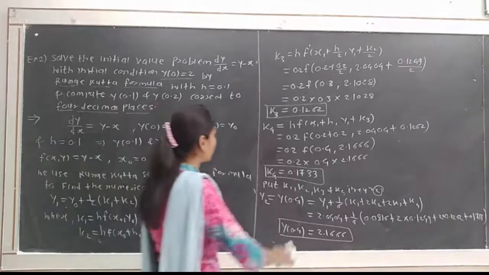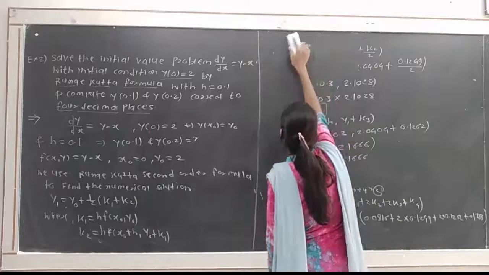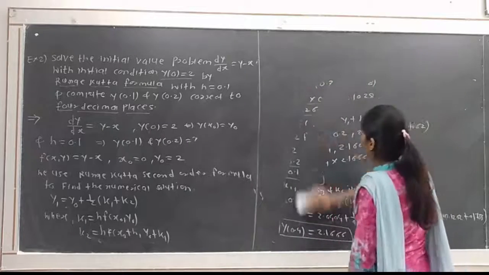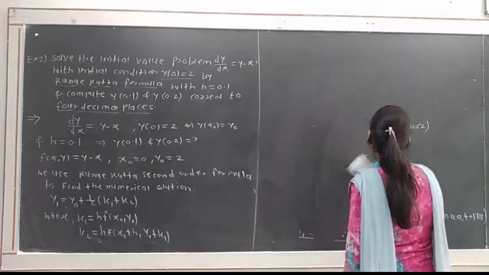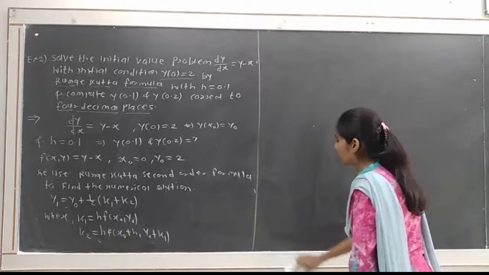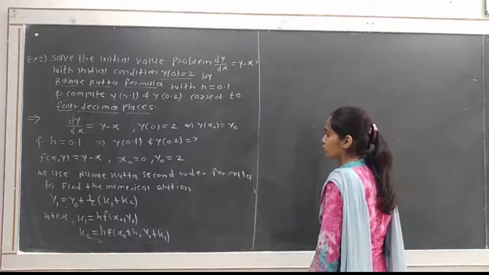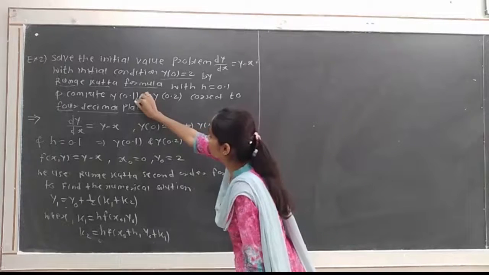Using this formula we calculate y1, the value of the function at point x1. Here x0 will be 0 and h will be 0.1, so x1 will be 0.1, that means we get the value of y of 0.1.